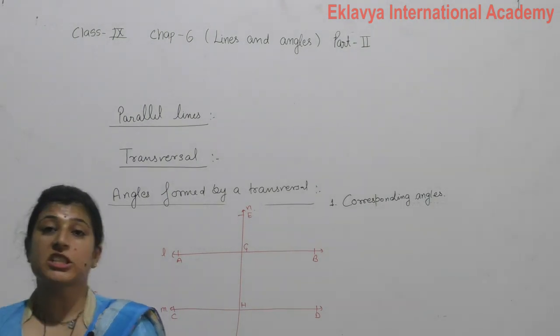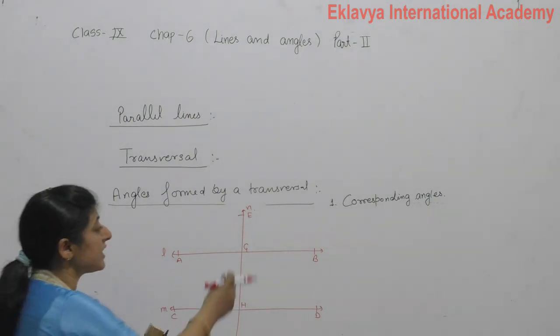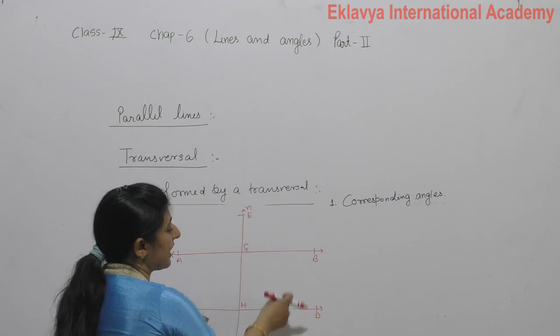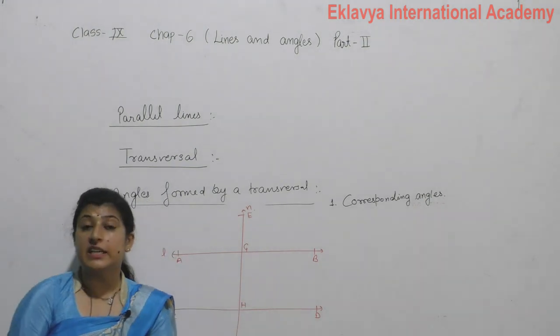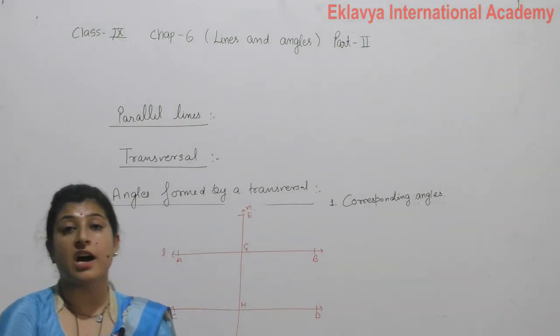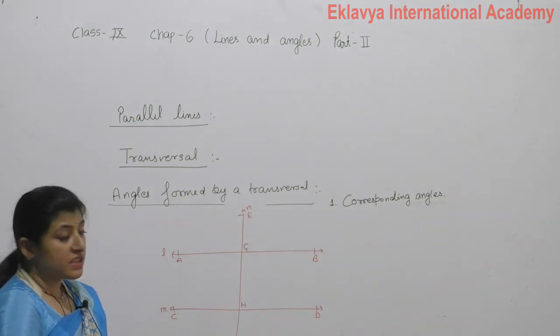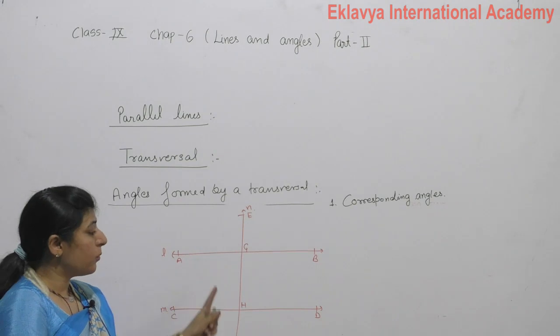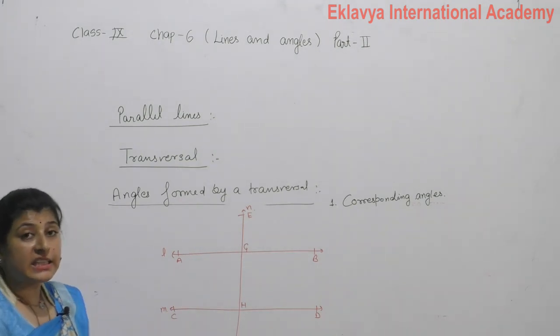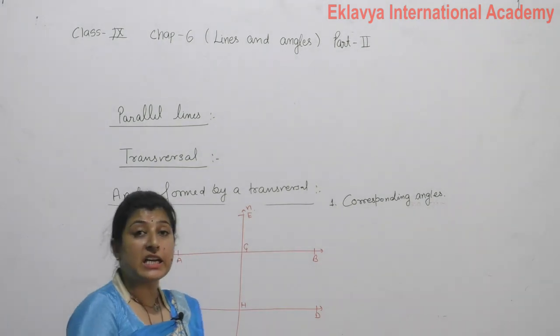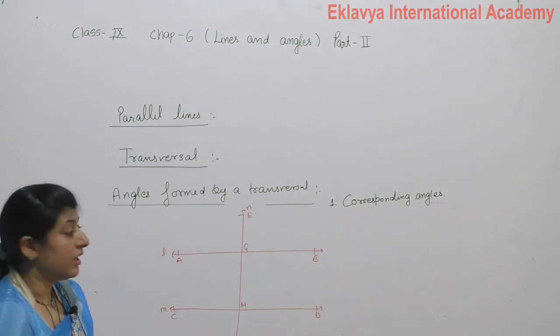What is the corresponding angles relation? When a transversal intersects two parallel lines, then their corresponding angles are equal.